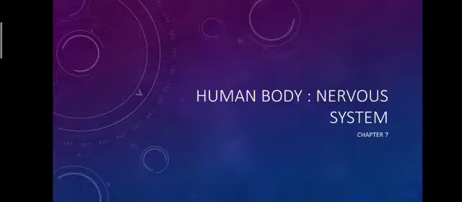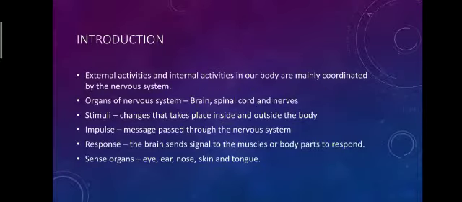Hello children, we'll start a new chapter, that is human body nervous system. Let us see what is nervous system and what are the function of it. External activities and internal activities in our body are mainly coordinated by nervous system.